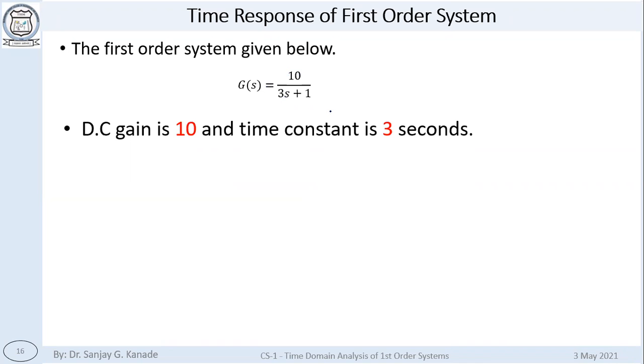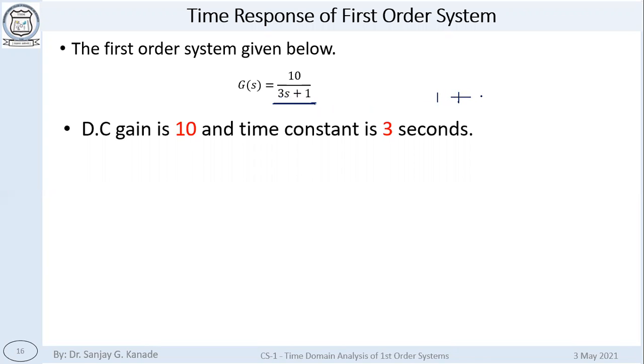Remember, again, I'm going to stress the format in which this is written. 3S plus 1 is the polynomial form. This is also called the time constant representation, because it is given in the 1 plus sT form.